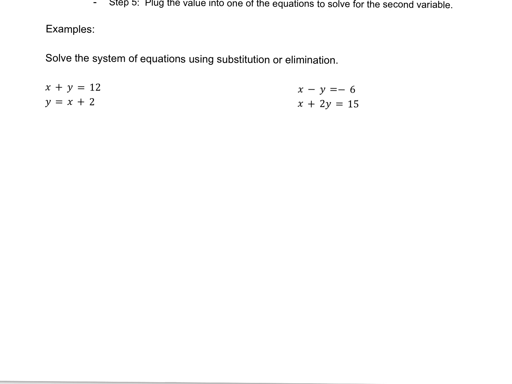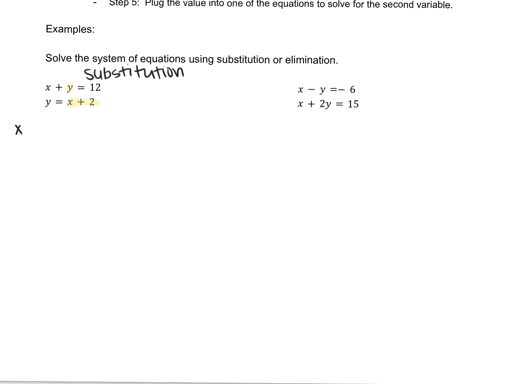So our first system is x plus y equals 12 and y equals x plus 2. Anytime I have an equation that's already y equals or x equals, that's an indicator to me that I'm going to use substitution. So I have that y equals x plus 2, and I'm going to substitute that in for y in the first equation.